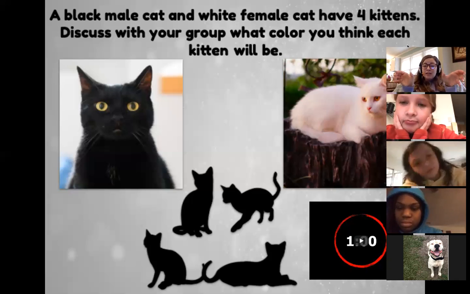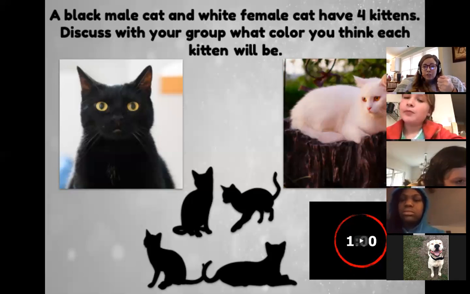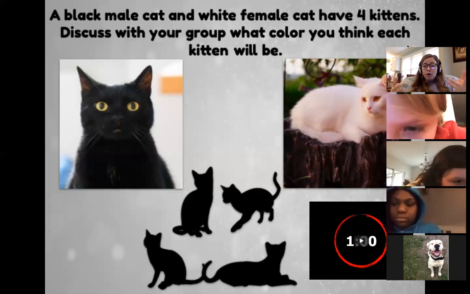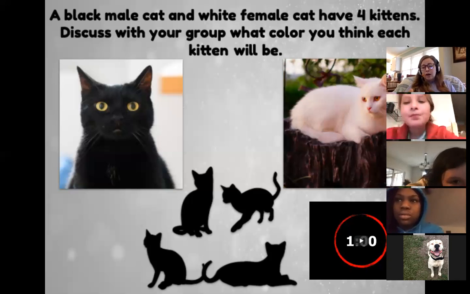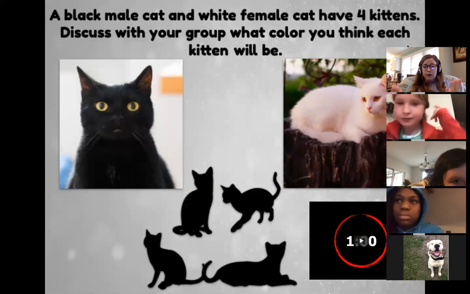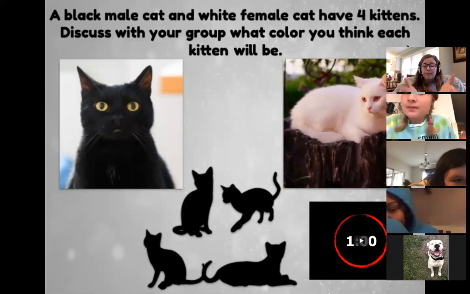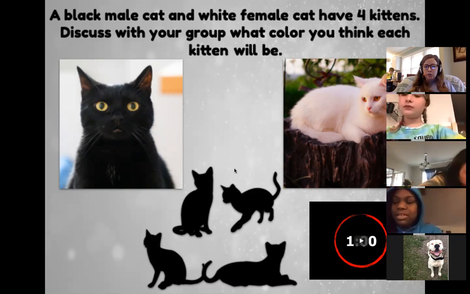Even though it's the same set of genes or DNA, they can be randomly assorted in so many different ways so that different traits show up in you versus your siblings. So as long as you have some combination of the black and the white cat, I think you're on the right track, knowing that the offspring would be a mixture of those two in some way, shape, or form.